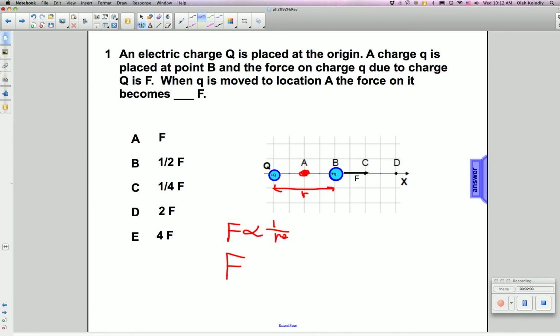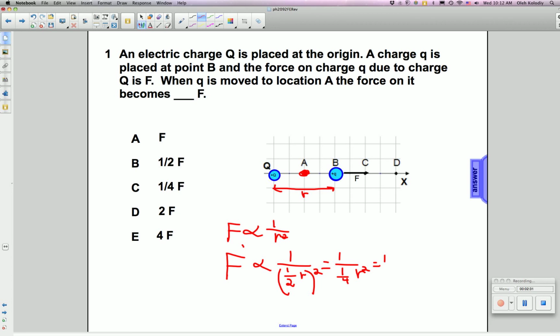Well, we know that the force is proportional to 1 over the distance squared, right? So if we move the charge, there'll be a new force, and in this case, since the distance is 1/2, it'll be 1/2 R squared.